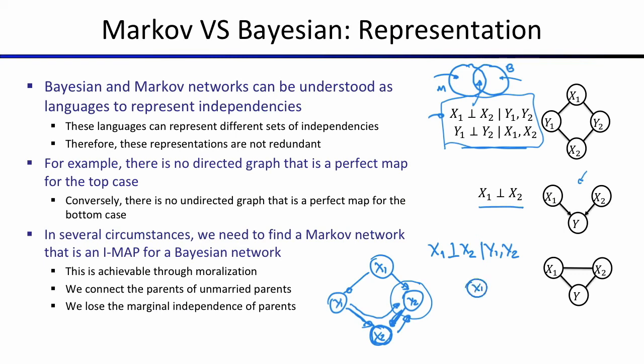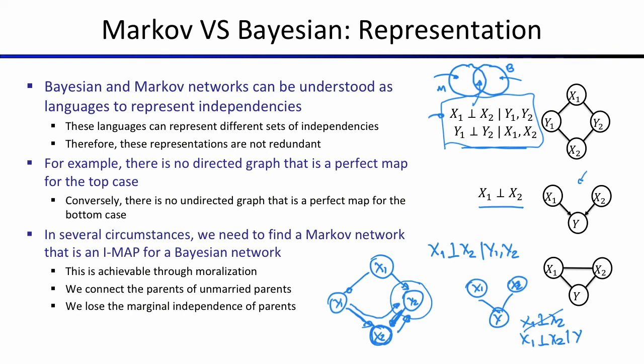I have x1, I have x2, and I have y here. But in this case, x1 is not independent of x2, so I cannot guarantee this. And also, we're going to see that x1 is going to be independent of x2 given y.